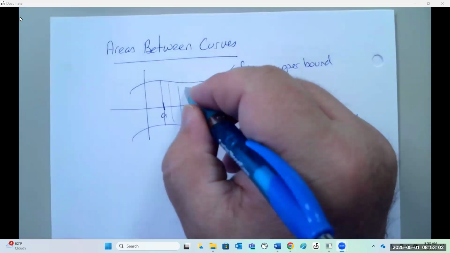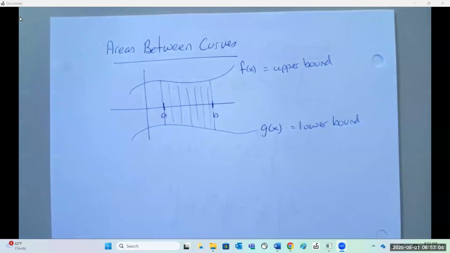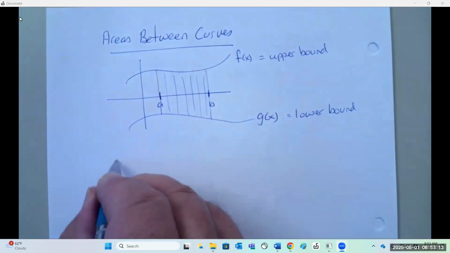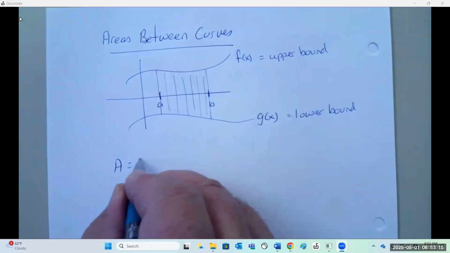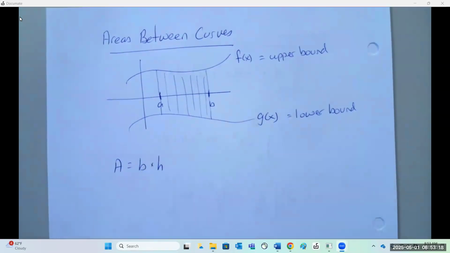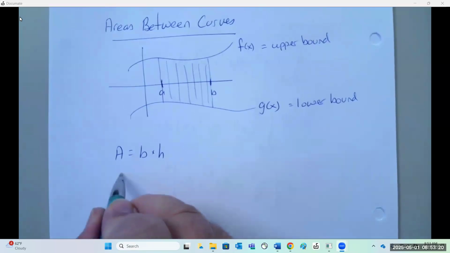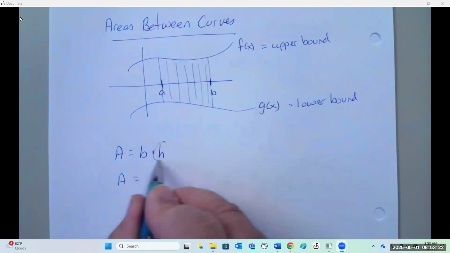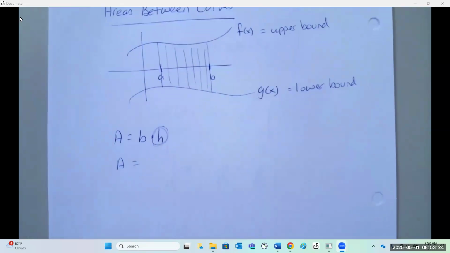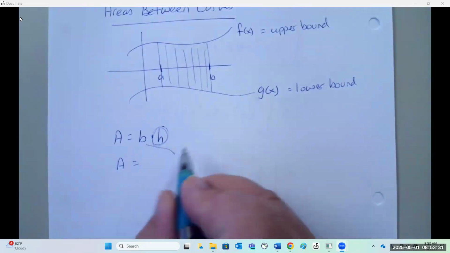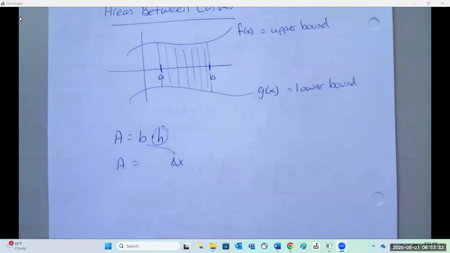And we're doing it the same way. We have to partition the intervals for our areas. The area is still base times height. The base is delta x. That's easy. We've done that all the time.